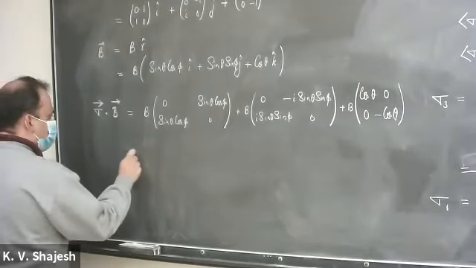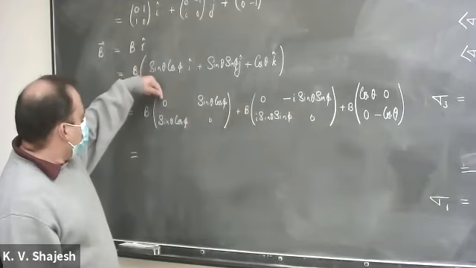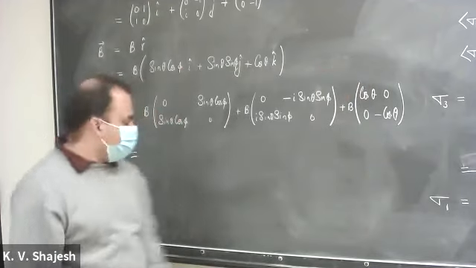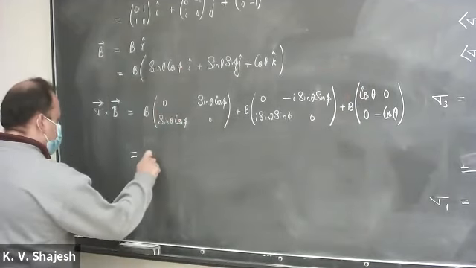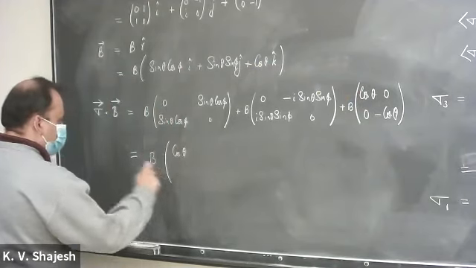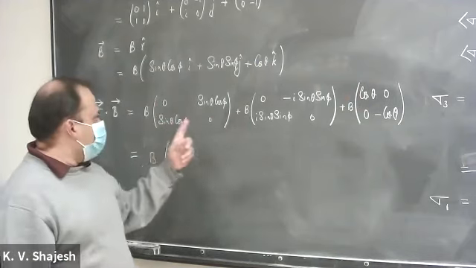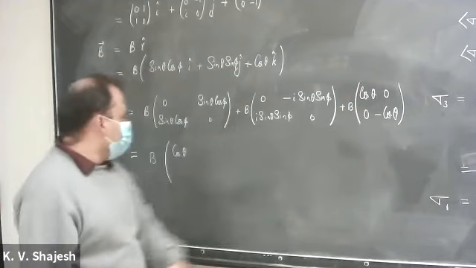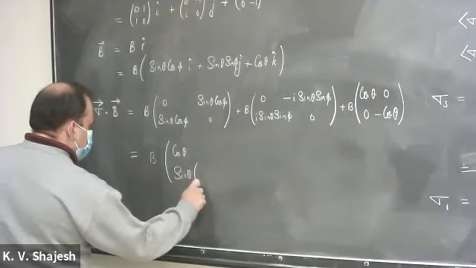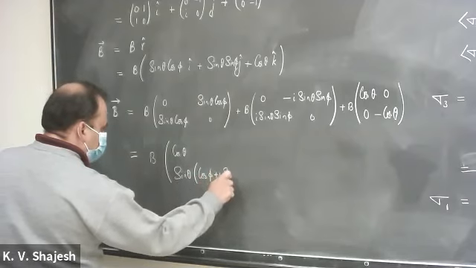I can combine them. I can add them. There's a 0 here, 0 there, cosine theta. So I have a B times cosine theta. There is a 0, no, there's a sine theta cosine phi, and this is a 0. So sine theta is common, and there is cosine phi plus i sine phi.